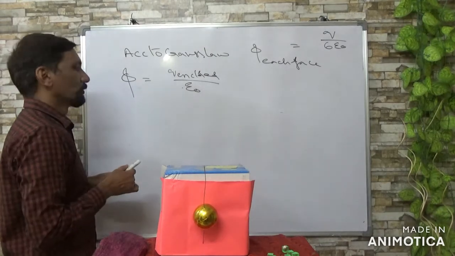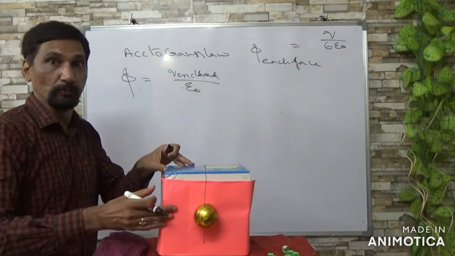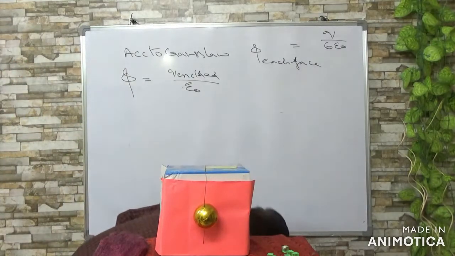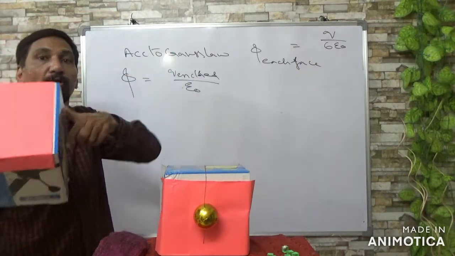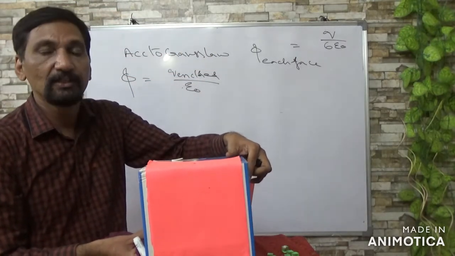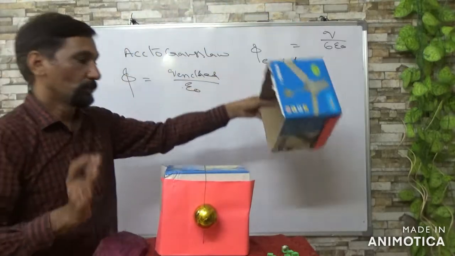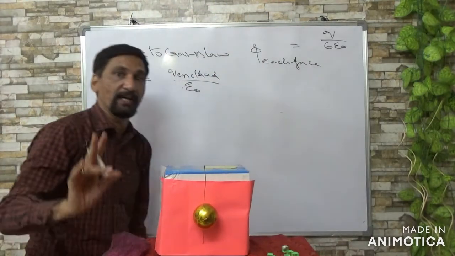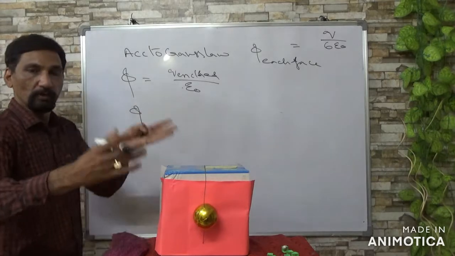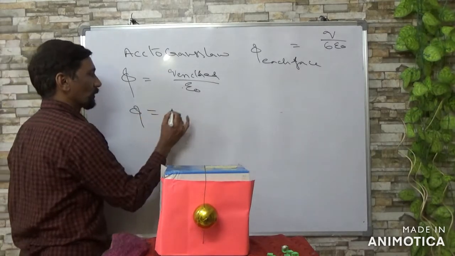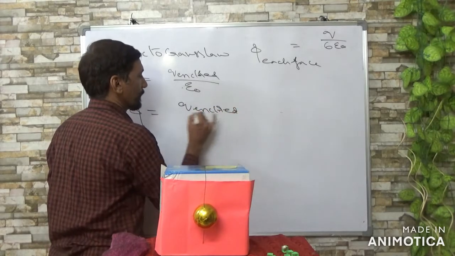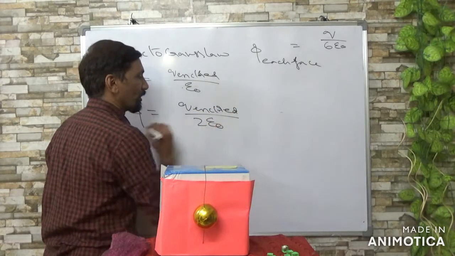You want to find it through only one cube, so it can be closed by another cube. This is taken as the Gaussian surface. So how many cubes are there in total? 2, right? So the flux through the given cube is the charge enclosed by 2 epsilon naught.